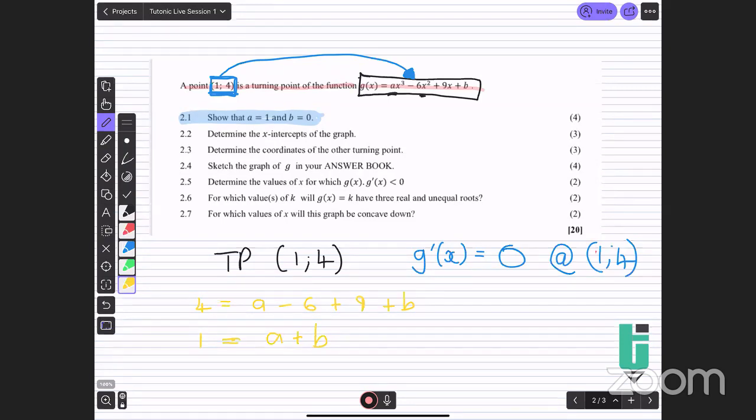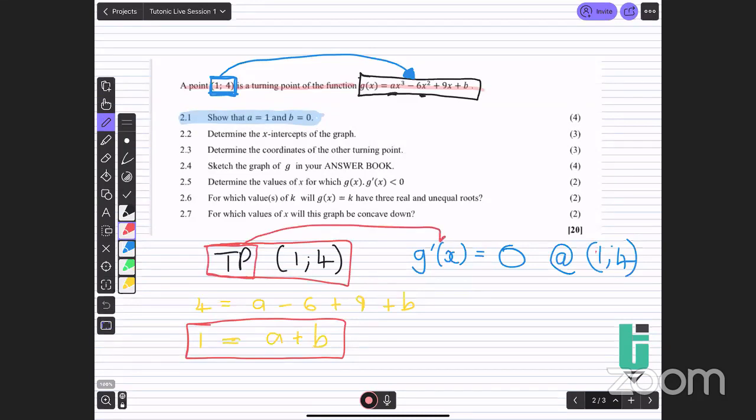So do you see how just from subbing in the point, you get one equation? But this one equation is not enough because it's two variables. So that's why you need another piece of information, which is the fact that this is a turning point. And you told me that the turning point is where the derivative equals naught.